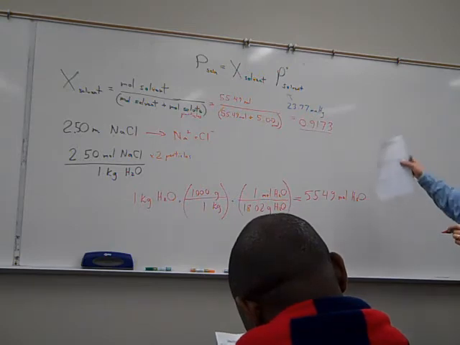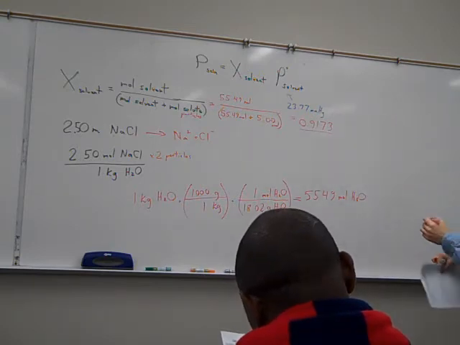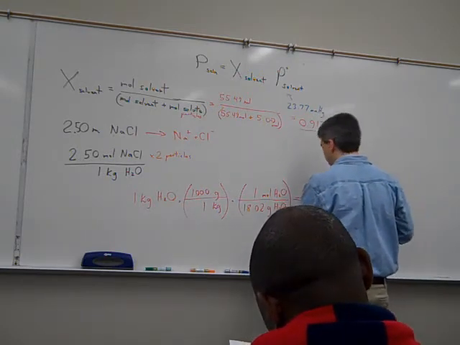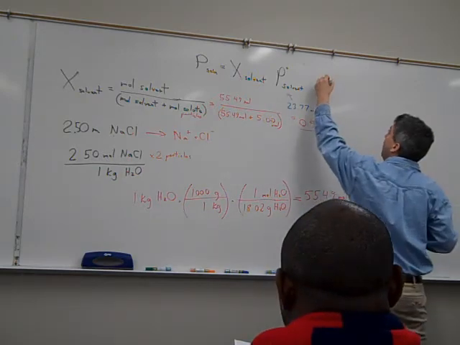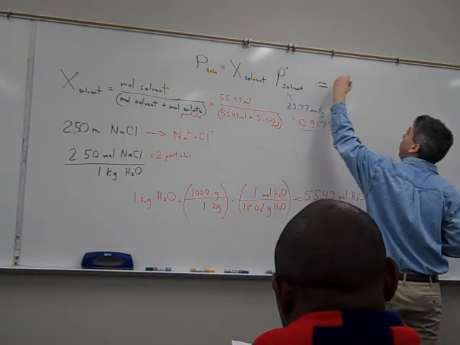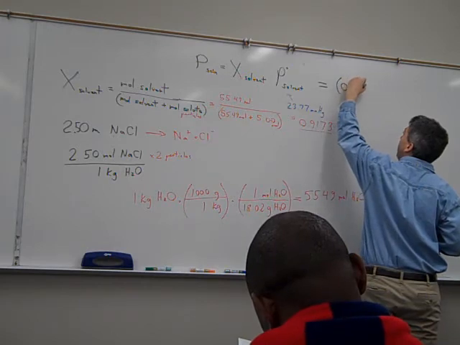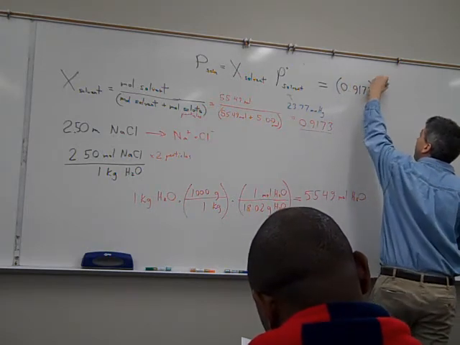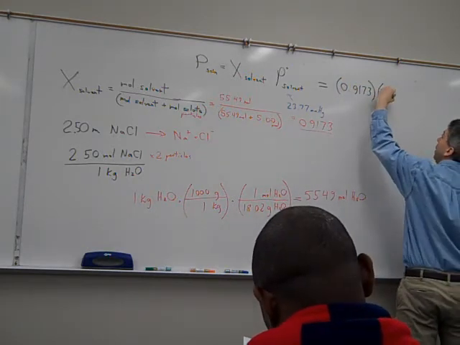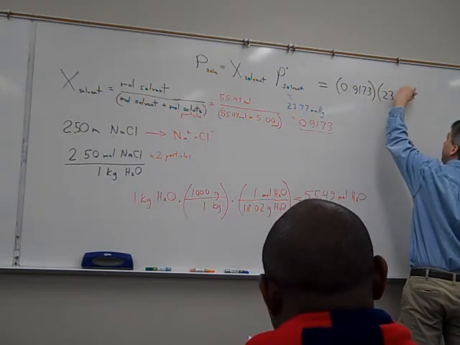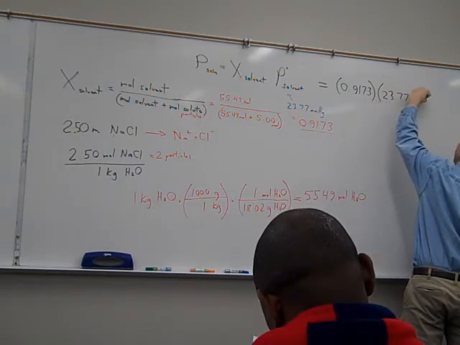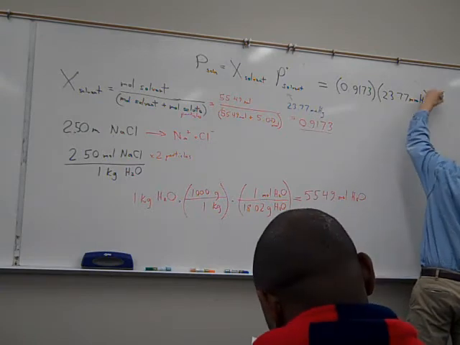So now I have my mole fraction, and I have my pressure of my solvent. I can go ahead and solve for this. This is equal to mole fraction 0.9173 times a pressure, 23.77.